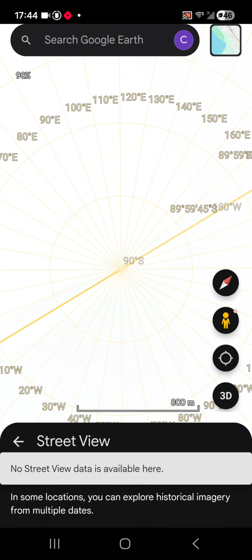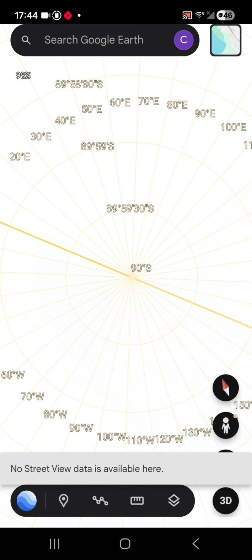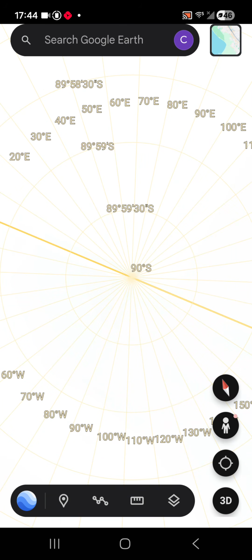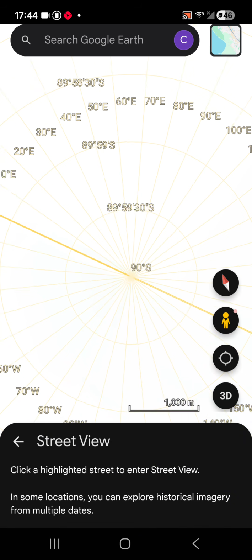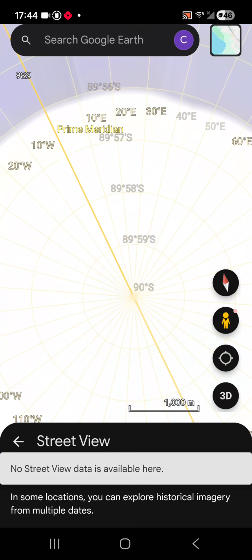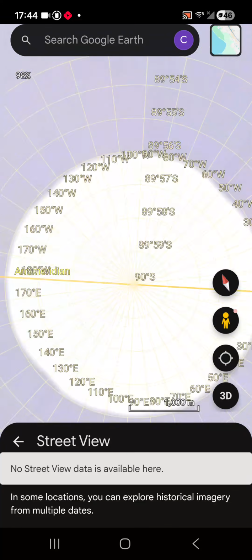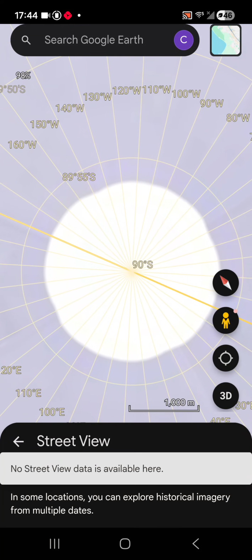And if I tap on Street View, it doesn't zoom in anymore. See, it just spins now when I try to do Street View.